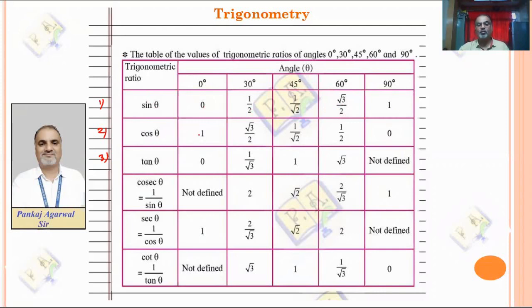For cos, they are 1, root 3 upon 2, 1 upon root 2, 1 upon 2, 0. And for tan, they are 0, 1 upon root 3, 1, root 3, and not defined. We may not require the table values for cosec theta, sec theta, and cot theta for today's session.